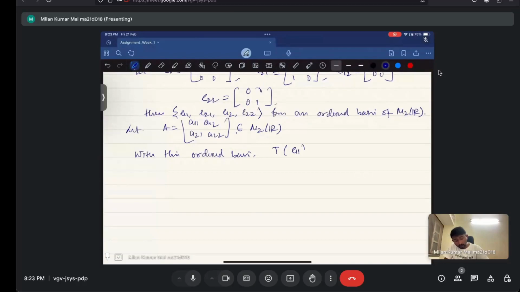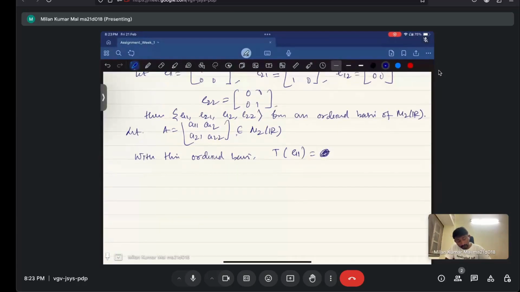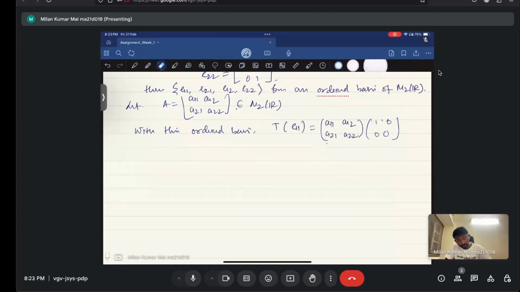T of E11 will be left multiplication by A. So A11, A12, A21, A22 times the matrix 1 0 0 0 gives A11, 0, A21, 0.